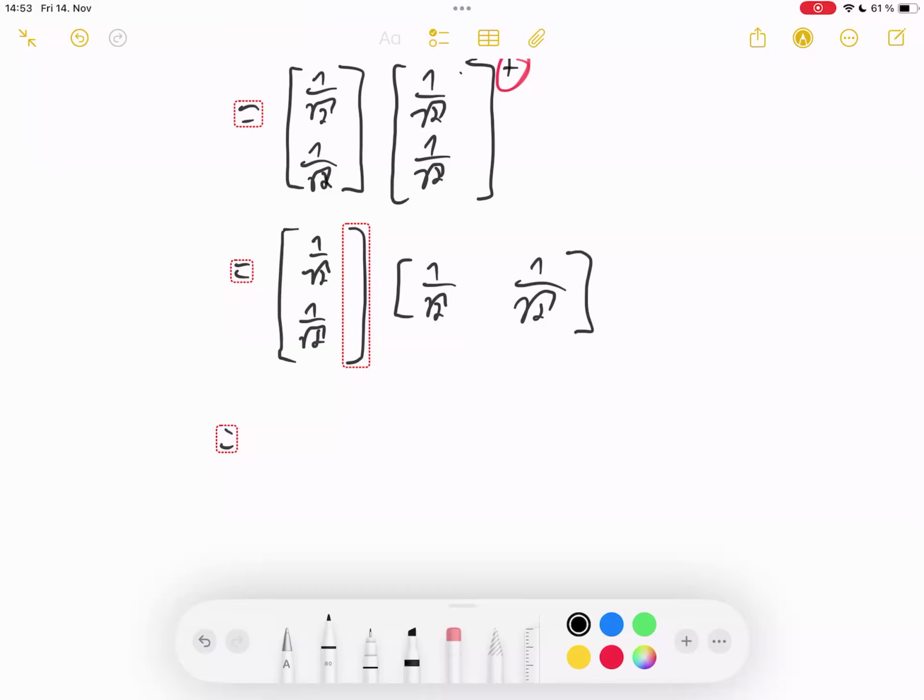So I'll wait for you, and once you think you have an answer what this outer product could be, let me know. It's not the inner product, so the inner product would just lead to a scalar value, but this is the outer product, so it leads to a different structure.